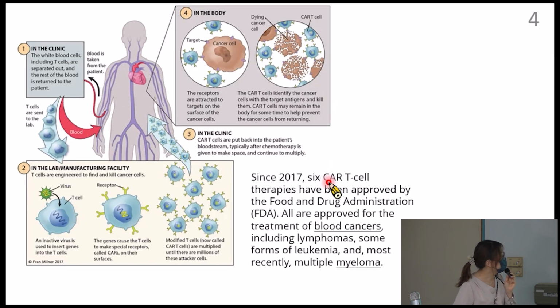Okay, so in the clinic, what do they do for CAR T cell therapy? First, they collect the peripheral blood from the patient and isolate the T cells, and then they use lentivirus to infect these T cells and insert the CAR gene into the T cell, so that this kind of T cell can express the receptor to recognize the tumor-specific antigen.